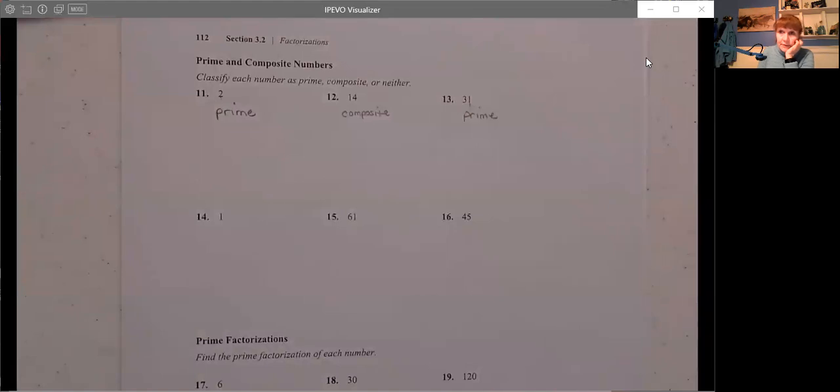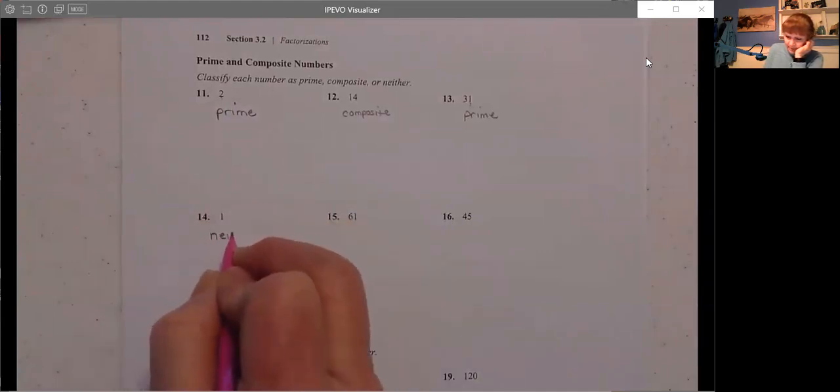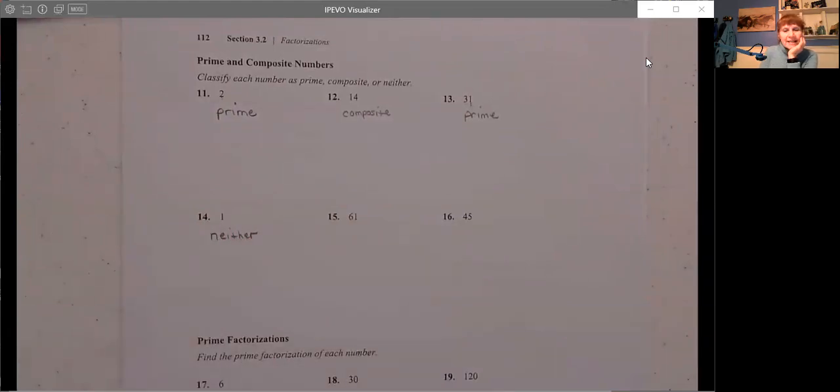Again, just using the divisibility rules and seeing if a number would go into it. Number 1 is neither. Okay, 61. Well, let's go through your divisibility rules.